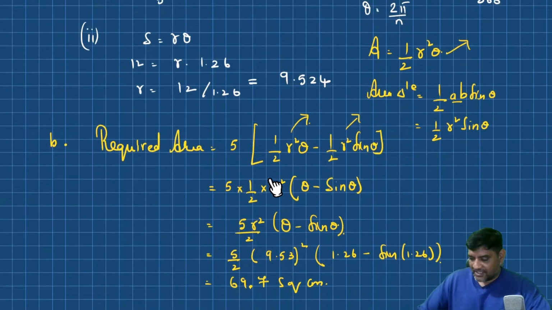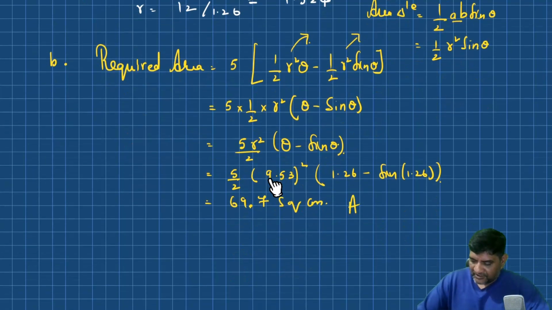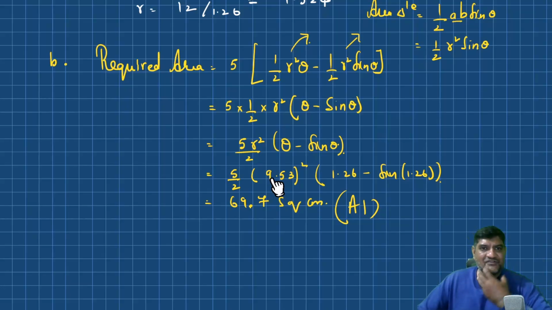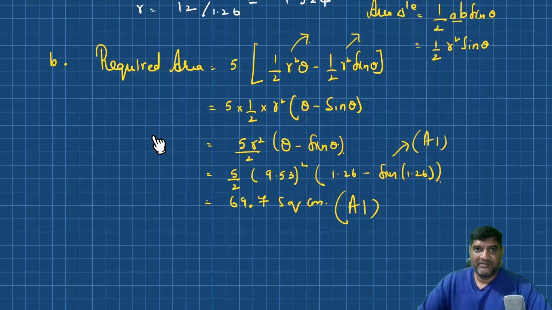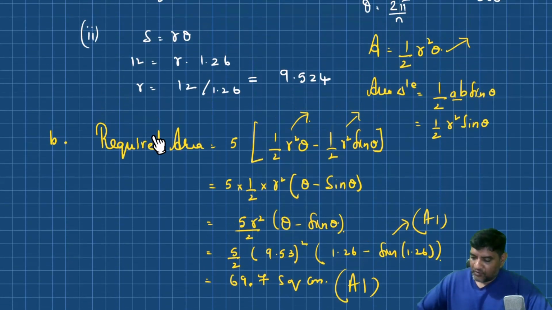Let's quickly look at the mark scheme. A1 mark for getting the answer, which is 69.7, or anything around that point should be okay. And calculating this area, which is basically entering these values, is going to be an M1. And then you have a method 1 mark for applying any of the closest methods.